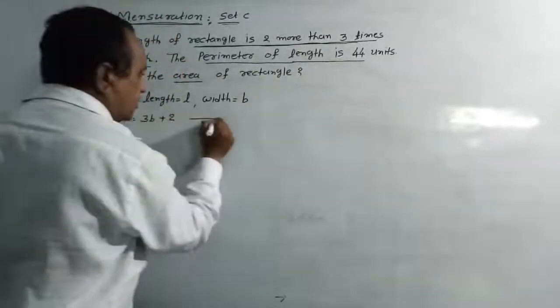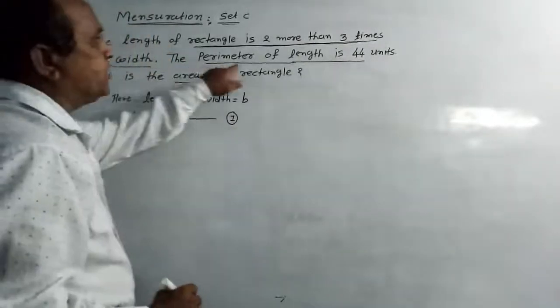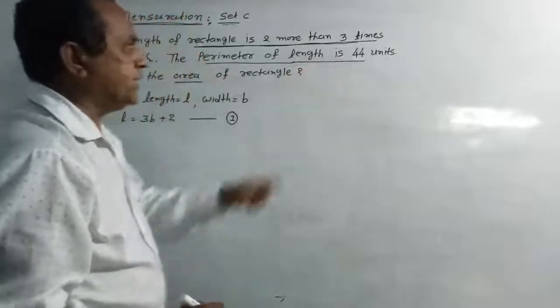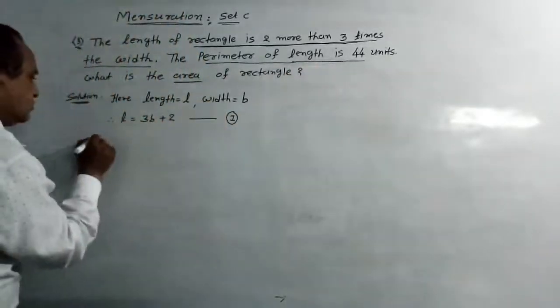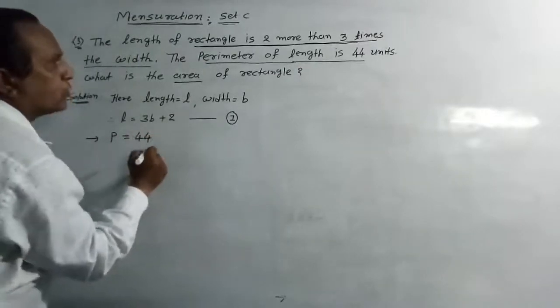So equation number 1. Perimeter of rectangle is 44 units.